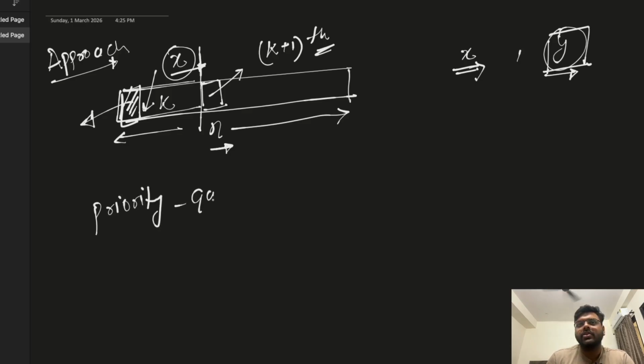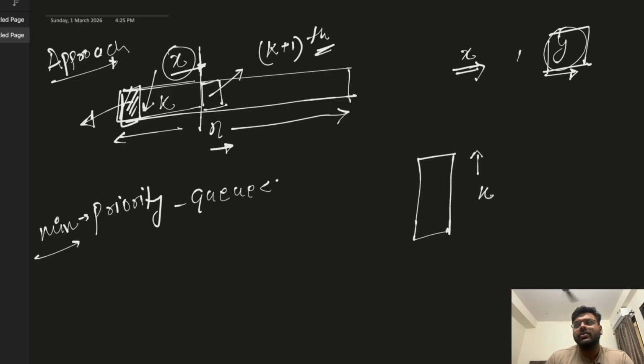A priority queue. If I talk about a min priority queue, let's suppose the length of the priority queue is k, it will always remain in a sorted fashion in ascending order, where my topmost element would always be the least, or the minimum element.